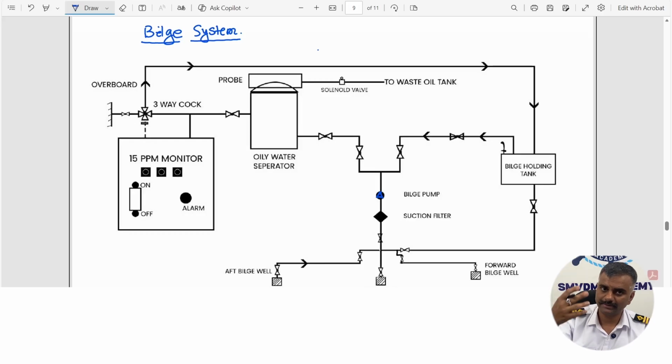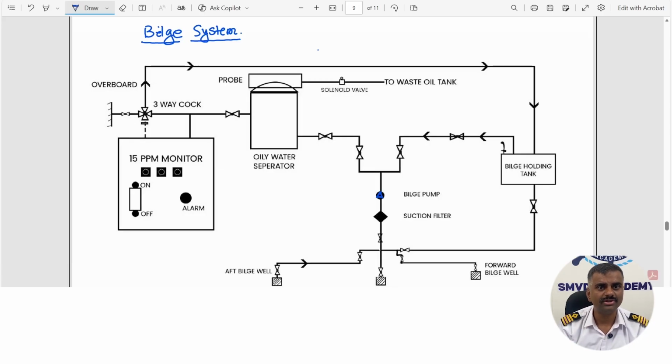We have the engine room bilges in the aft section, and we have two bilges in the forward part, on the port side and the starboard side. When there is a leakage of bilge water from pumps, or any seawater or freshwater pipeline is leaking, all the water falls into the bilges.